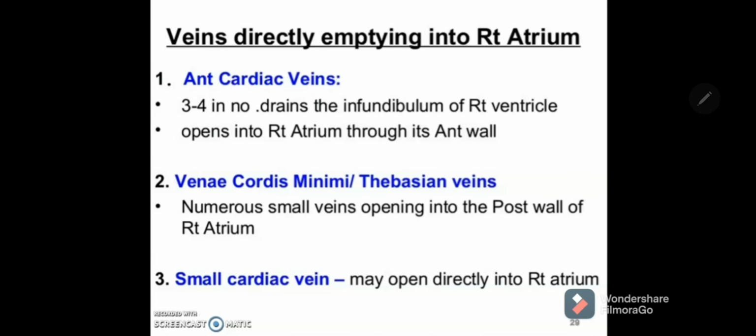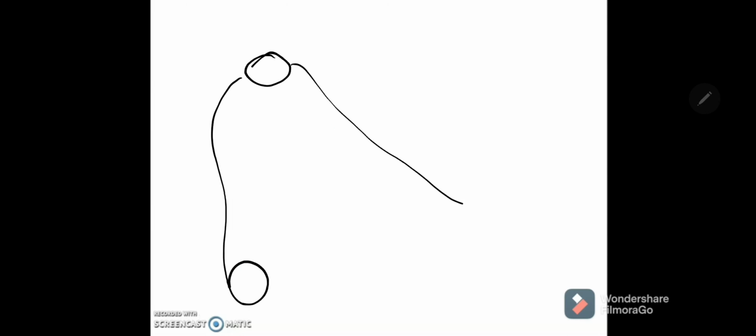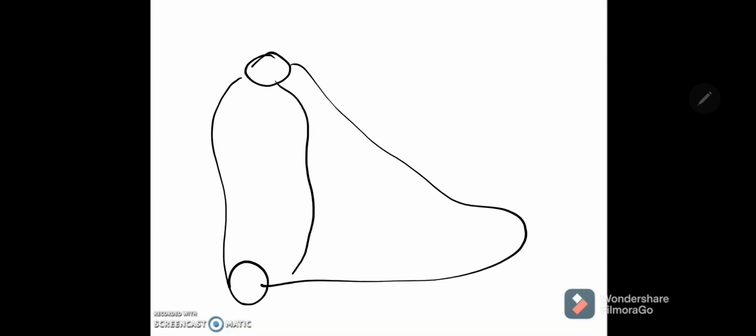Those are anterior cardiac veins, vena cordis minimi or Thebesian veins, and here again I'm just drawing the heart, showing the anterior view. So once you notice here, the coronary sinus will be here in the posterior AV groove.